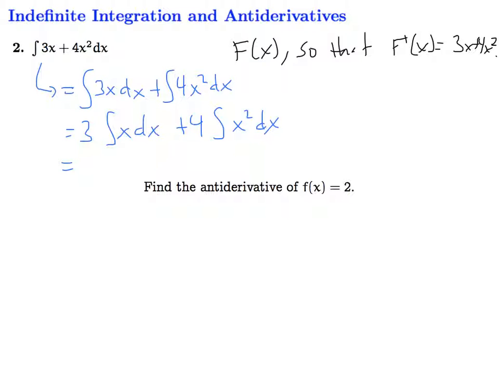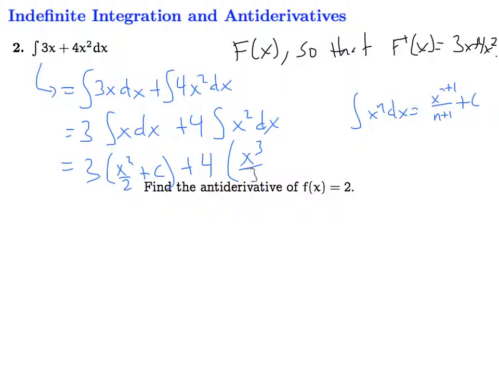Just using my good friend the power rule here with n equals 1, I've got myself 3 times x squared over 2 plus a constant, plus 4, using my good old friend the power rule, x cubed over 3 plus another constant. So let's call this guy C1.